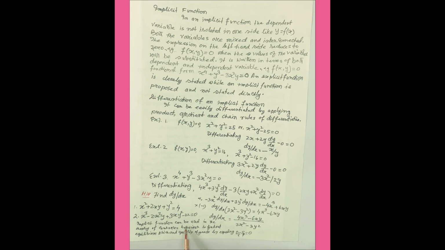Now the implicit function can be used in the theory of consumer behavior. In microeconomics, in consumer behavior, we can use the implicit function. We know the equilibrium quantity and price in demand theory. We generally equate demand equal to supply, or the demand function minus the supply function is equal to 0.